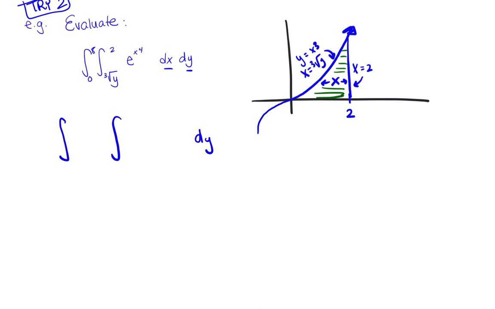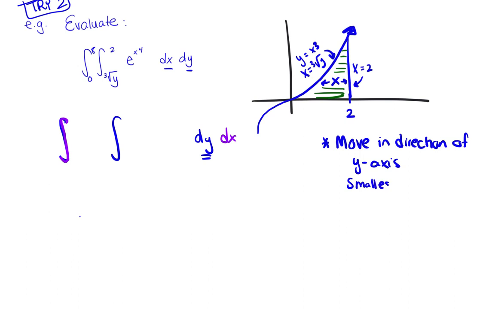We have a very specific way that we want to think about these. I'm just going to keep everything color-coded. For my y first integral, I want to move in the direction of the y-axis, thinking about the smallest y values to the biggest y values.